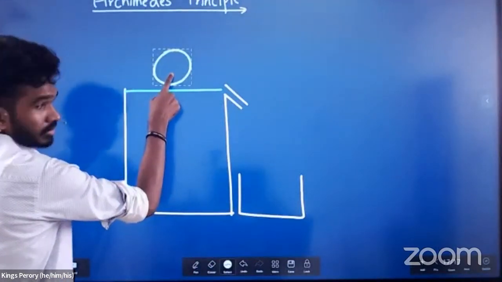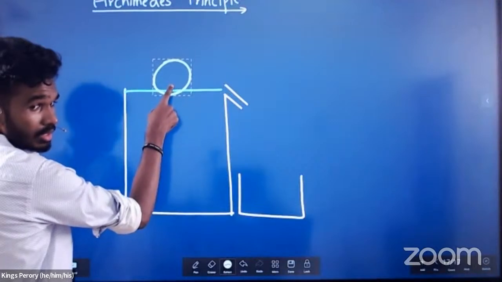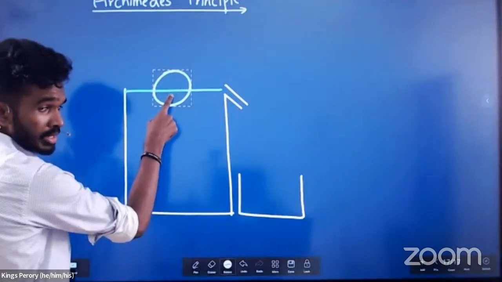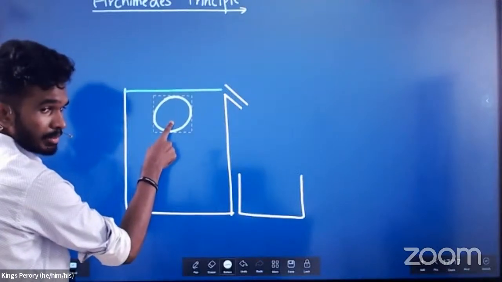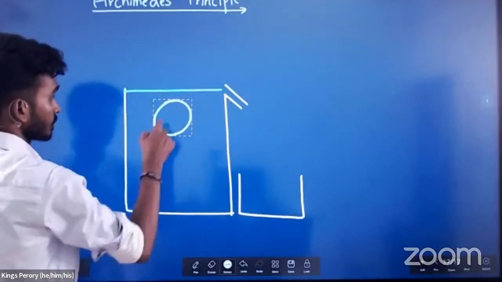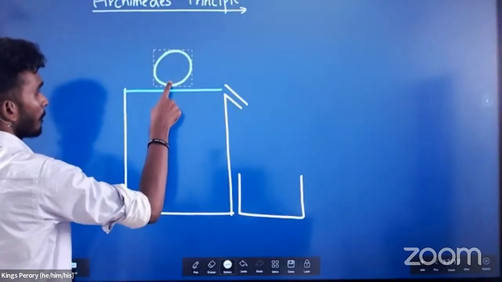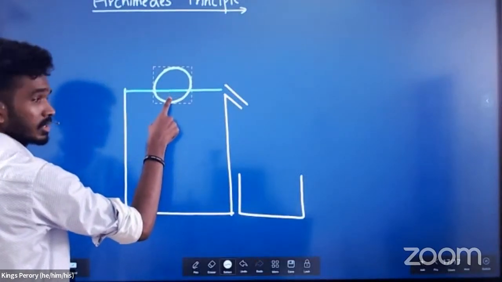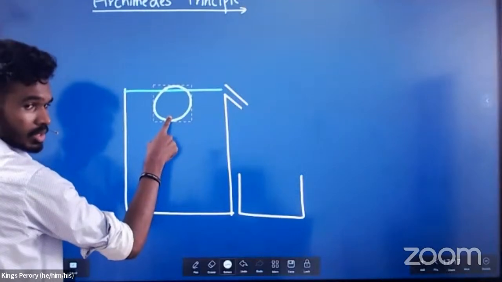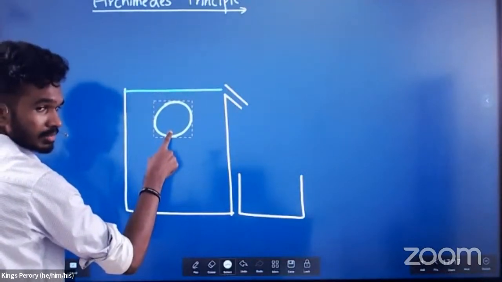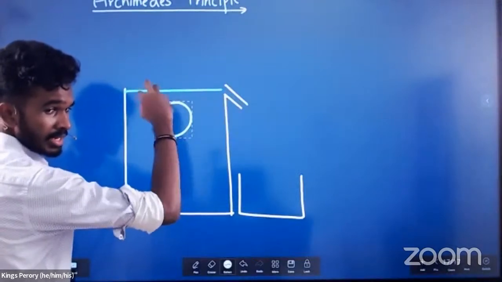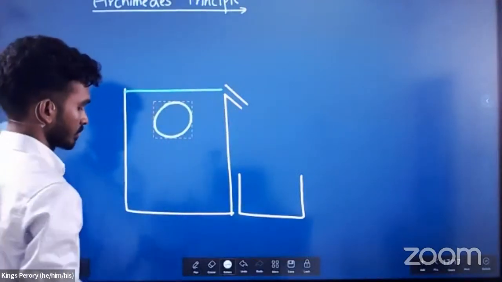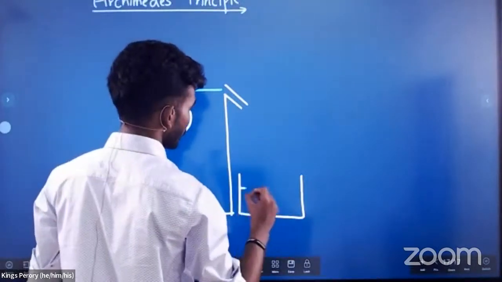Now it is partially immersed. Now it is fully immersed. When you immerse it like this, some water will get displaced out.